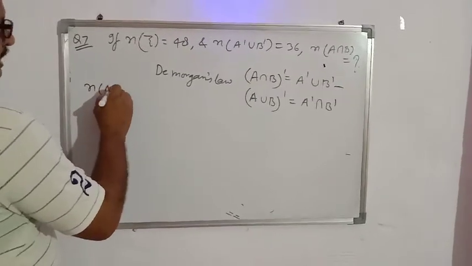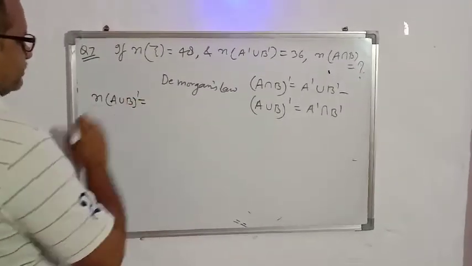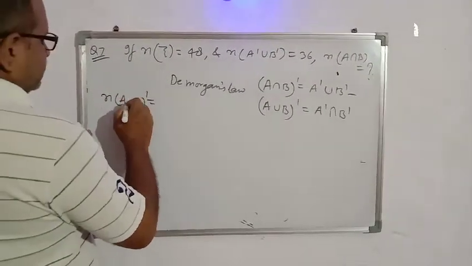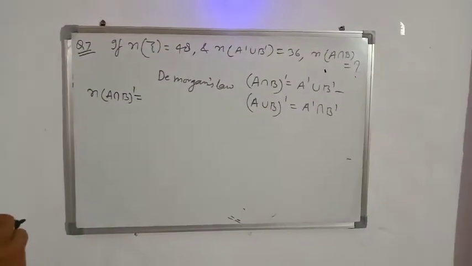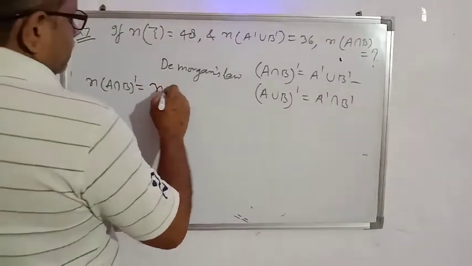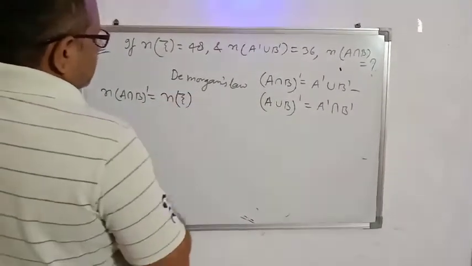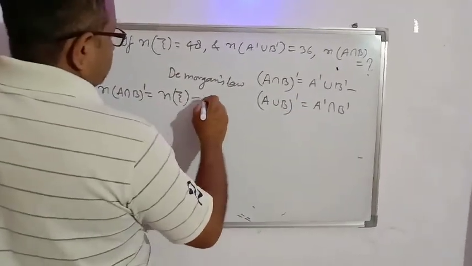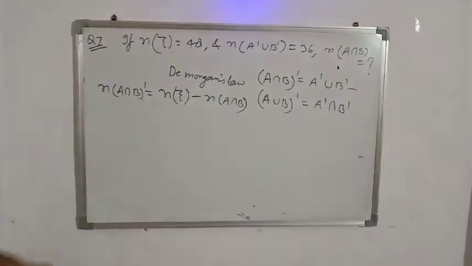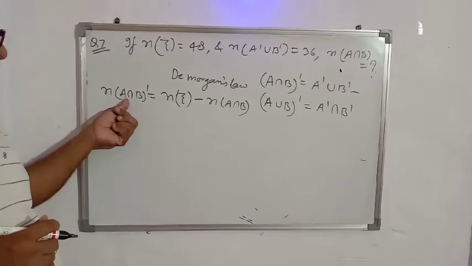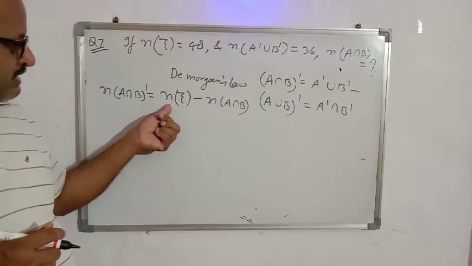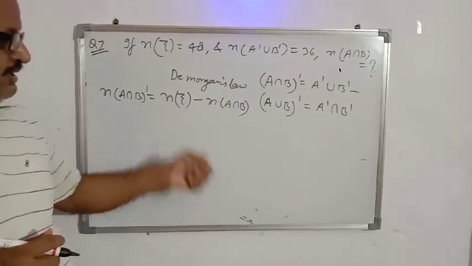So n of (A intersection B) complement, how will we find it? Cardinal number of A intersection B complement will be equal to cardinal number of the universal set minus cardinal number of A intersection B.